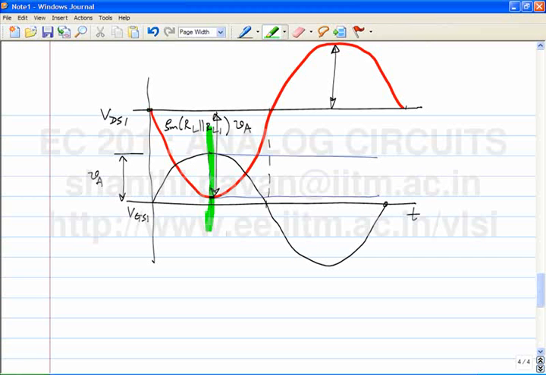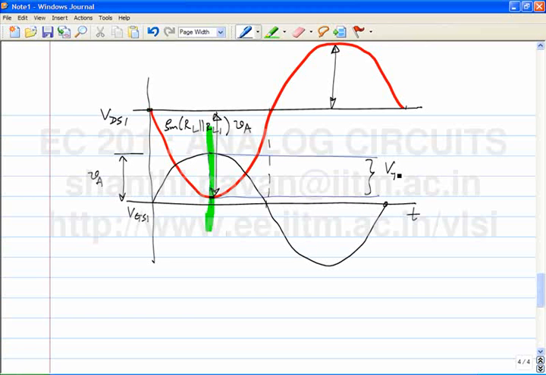And to just reach the edge of saturation region, this voltage difference can at most be VT. Alright, so using geometry, what can you tell me?